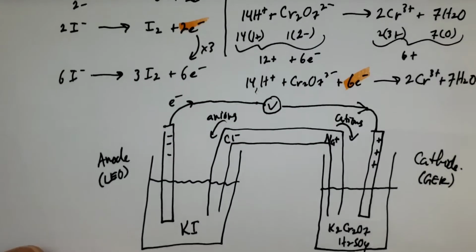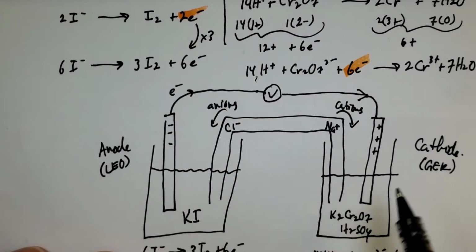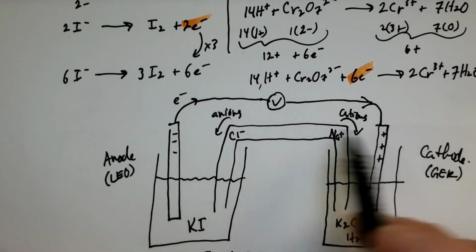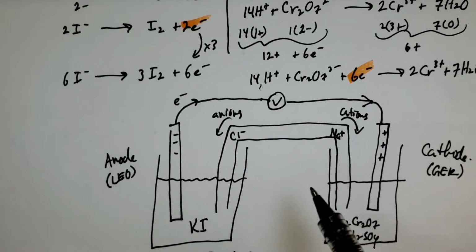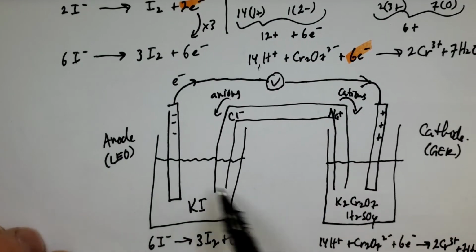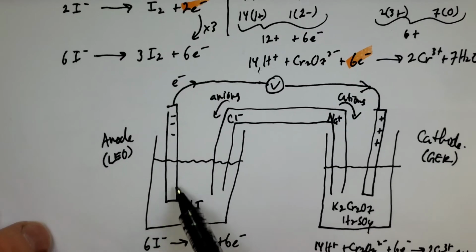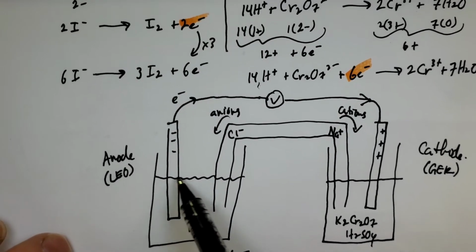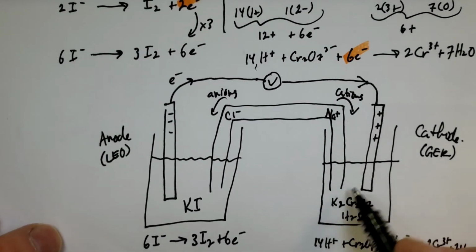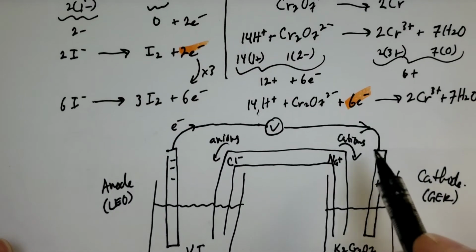So this is a little different setup than one electrode breaking down and one being added. We could use other items that don't get consumed, and yet we can still have the transfer of electrons by what's happening in the solutions themselves. So one thing is losing electrons. The electrons get deposited onto here. And over here, the electrons are getting pulled by something in the solution.